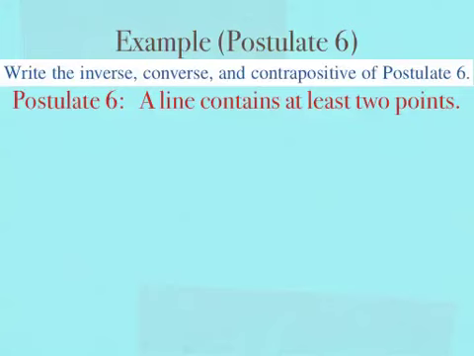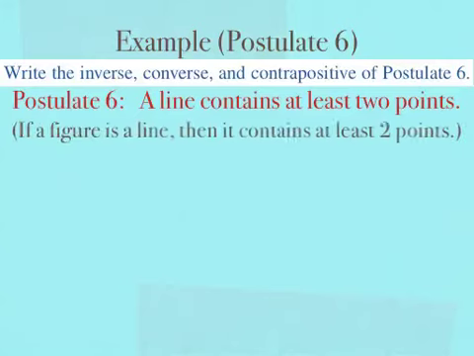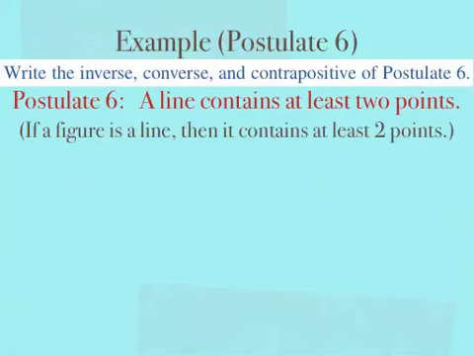So before I can find them, I have to rewrite this postulate as a conditional statement. A line contains at least 2 points, as a conditional statement, would say, if a figure is a line, then it contains at least 2 points. Notice I didn't have an if or a then in the original statement, so I kept the order the same and wrote it in if-then form.